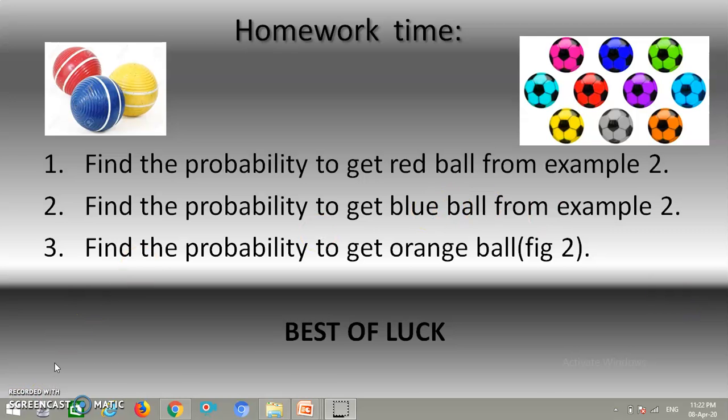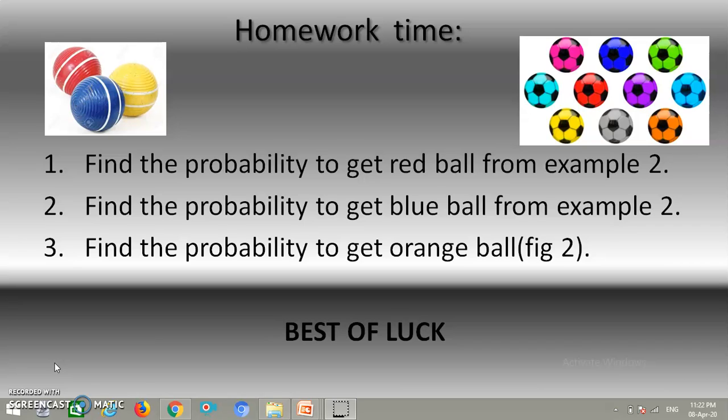Now it's homework time. I think you are thinking that I forgot to cover the other 2 points, like probability to get red and yellow ball. I didn't forget it. I want to check whether you can do it or not, and so I give it in the homework session. So write the questions for homework.